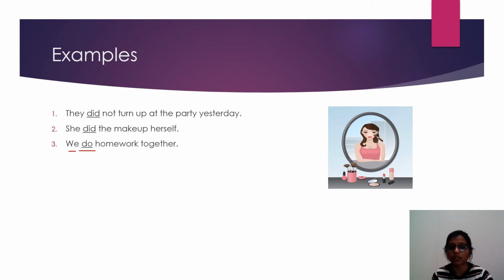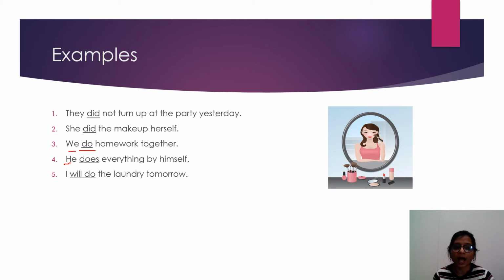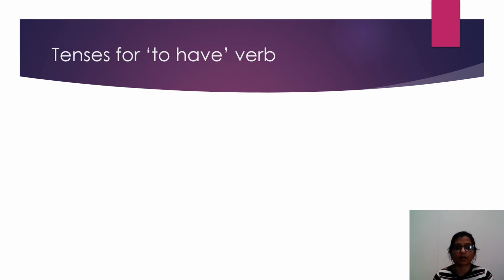So we use do. He does everything by himself. Again, present tense but third person singular noun. Therefore, we use does. I will do the laundry tomorrow. Future tense, we always use will do, irrespective of the subject. Remember this. We will now look at the helping verb number 3, to have.